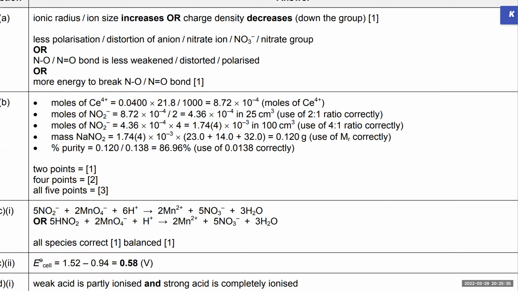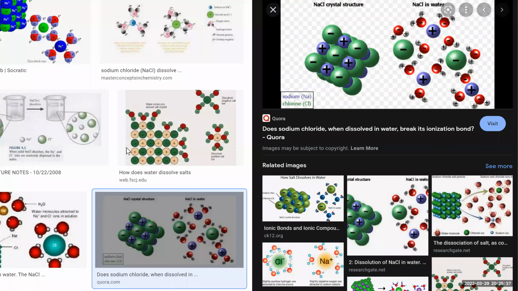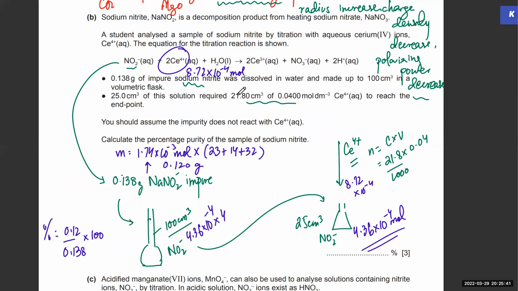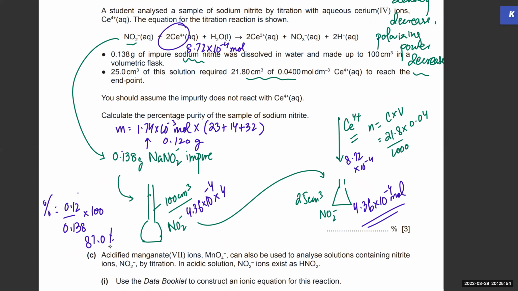But let me just quickly check. Everything is 4 significant figures. This is 3 significant figures. So the answer preferably should be up to 3 significant figures. That's going to be 87.0%. So here we have a couple of values which are 3 significant figures and then there are values which are 4 significant figures.